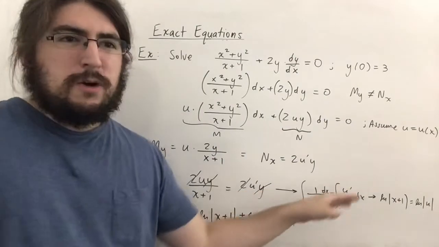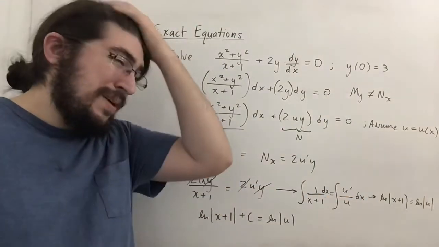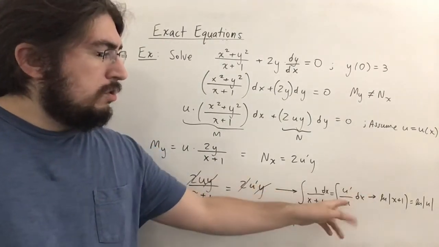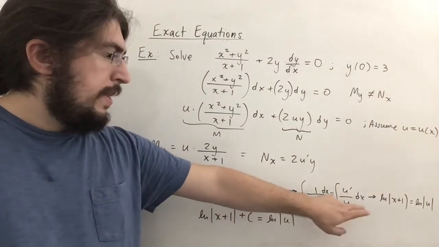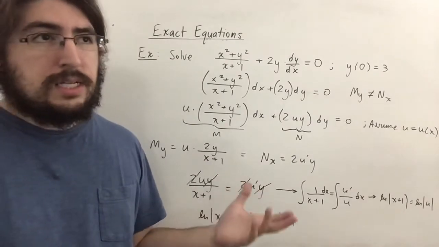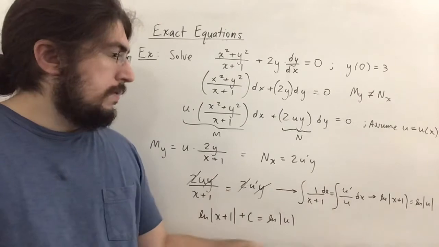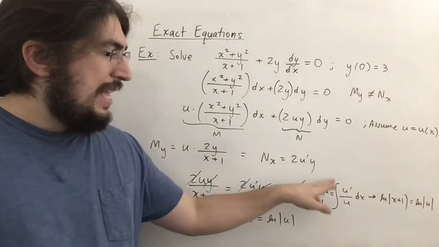Now I may have gone a little crazy there. It's hard to verify that this is indeed true, but after thinking about it for a bit, it shouldn't be too hard to figure out. If you do a u substitution here, or a w substitution, if the bottom is equal to w, the derivative of w would be dw, well I guess it'd be du, which is u prime, du over dx. And then you end up getting this.